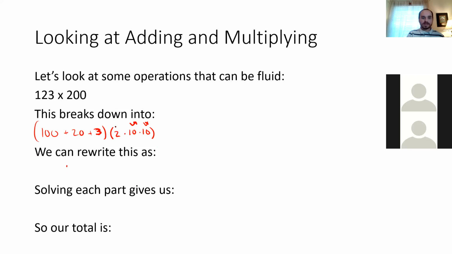So what we can do here is take this 2 and distribute it to each of these instead.